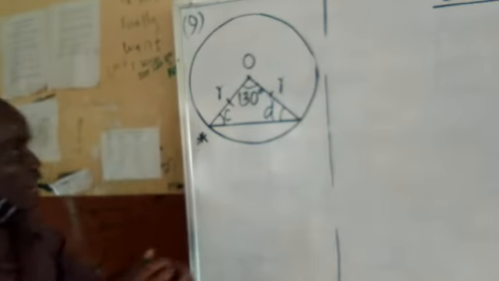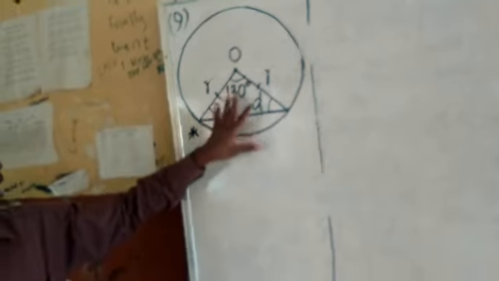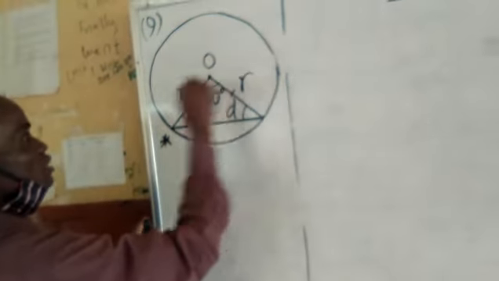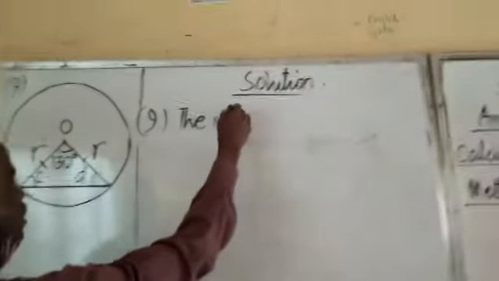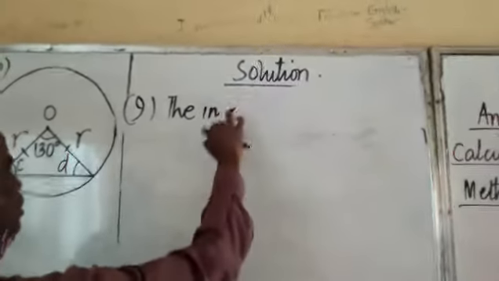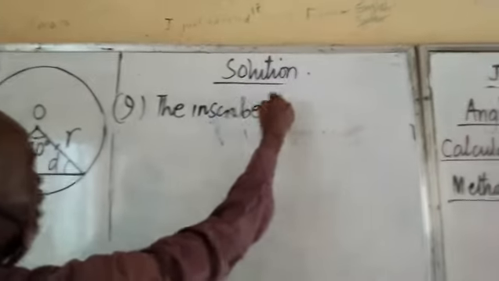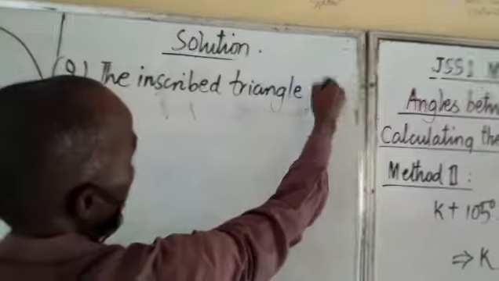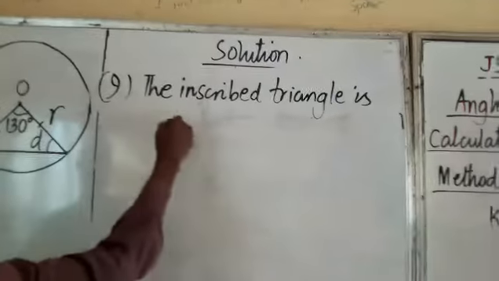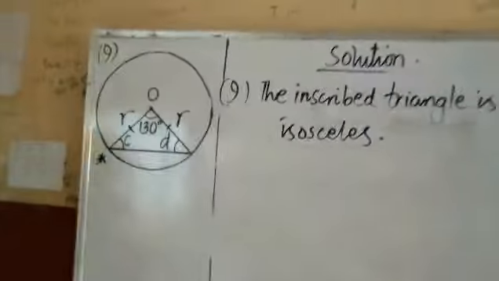The inscribed triangle is an isosceles triangle.